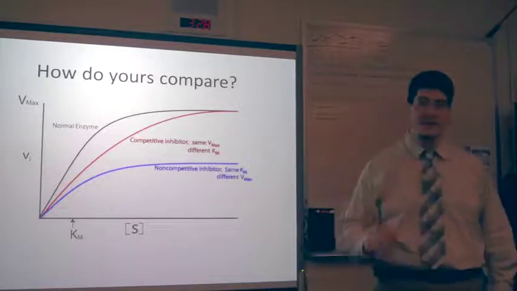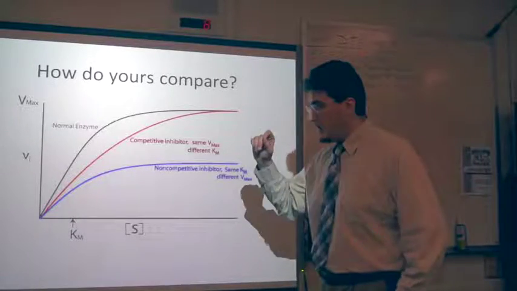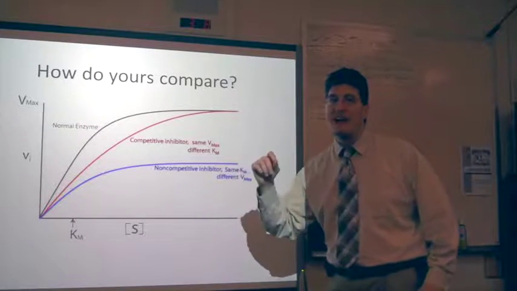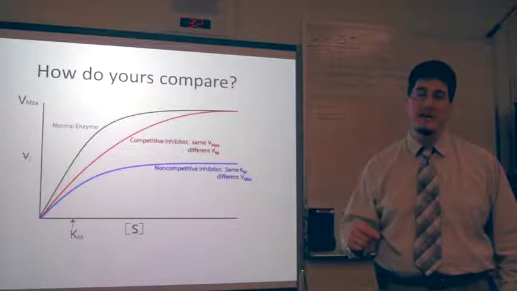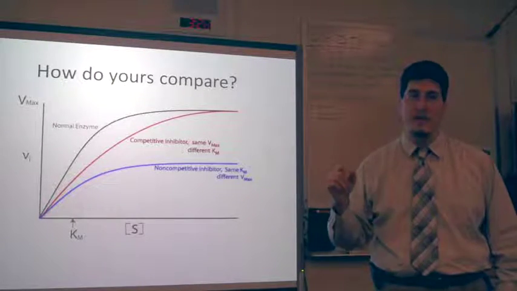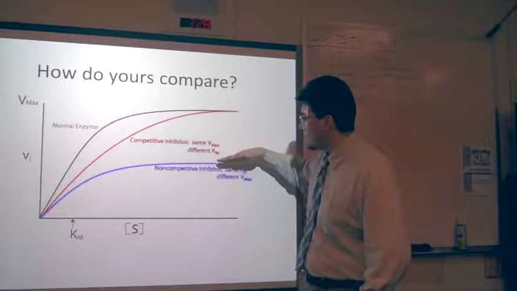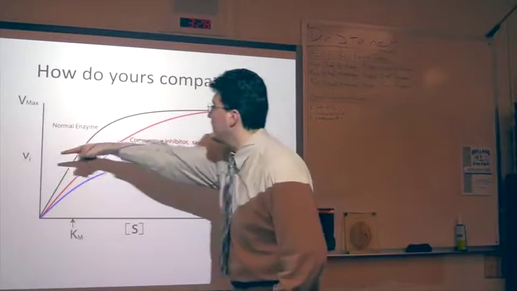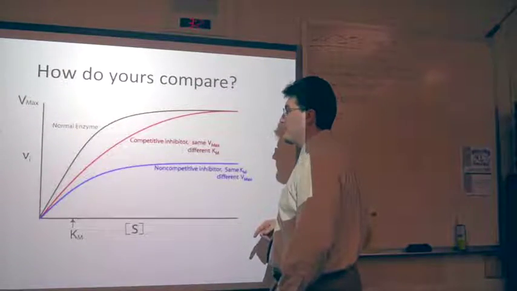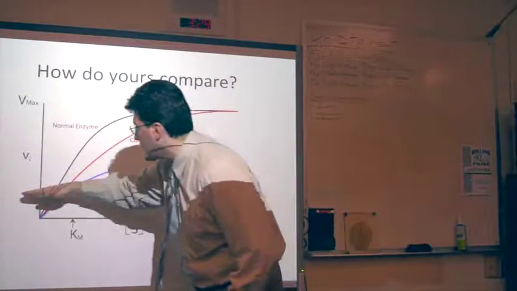The blue line is a non-competitive inhibitor. It prevents the reaction from going forward, but it does not change the affinity of substrate to enzyme active site. So Vmax is lower. Vmax is here in the black line and here in the blue line. 1/2 Vmax is about here.